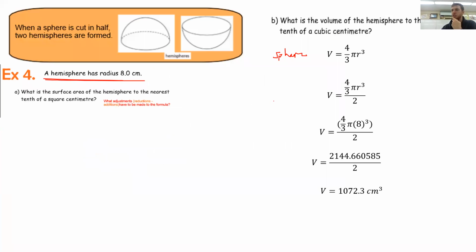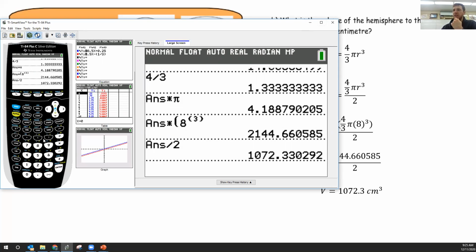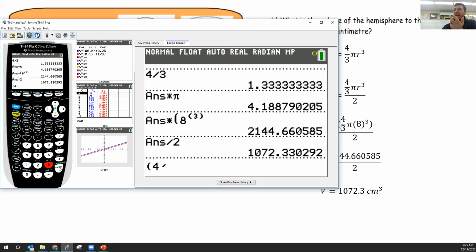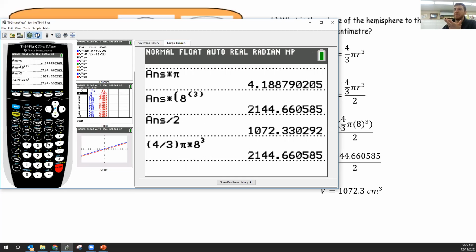Okay, I'm not too sure what happened. If you guys want to do it in one step, you have to make sure you do the top in one step and hit enter before you divide, because if you don't, you're going to get a wacky number.